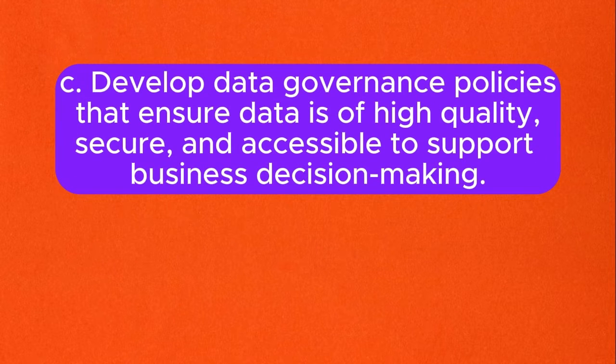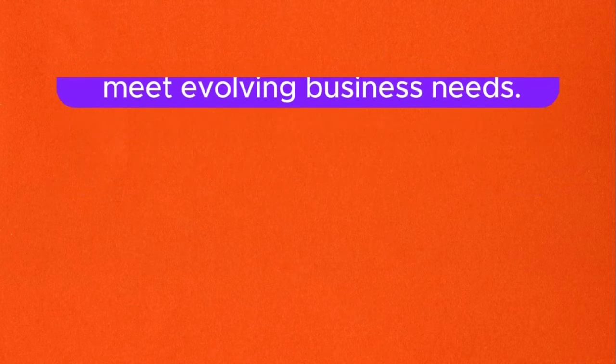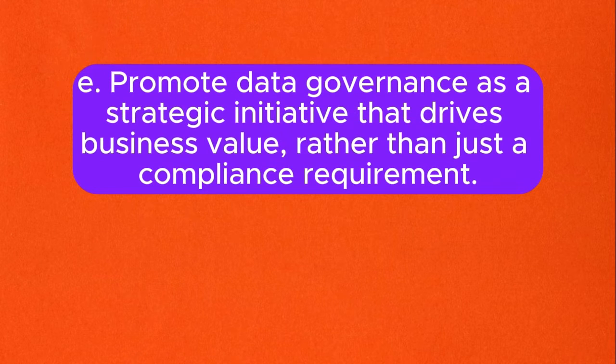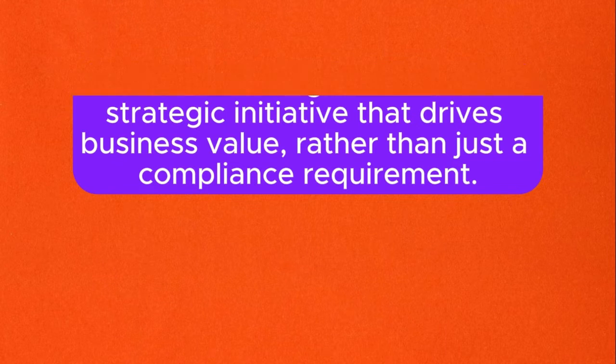C. Develop data governance policies that ensure data is of high quality, secure, and accessible to support business decision-making. D. Regularly review governance practices to ensure they continue to meet evolving business needs. E. Promote data governance as a strategic initiative that drives business value rather than just a compliance requirement.